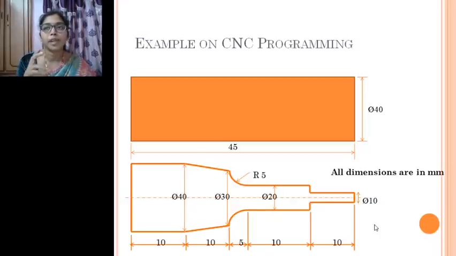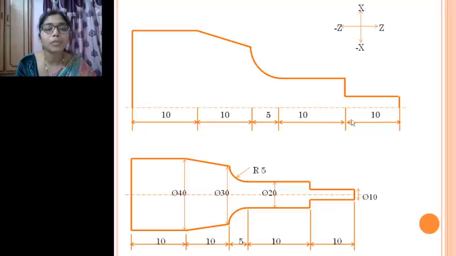Like for a 10 diameter reduction, the tool should be moved only up to 5 so that the whole circumference, the whole 10 diameter, can be obtained, right? So to write the program for this profile, we'll be considering only half of the section.